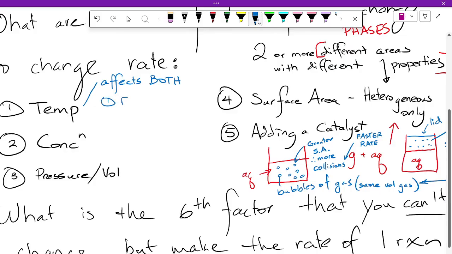This is like a little review from last week, yes? Frequency of collisions and percent of collisions that are successful.